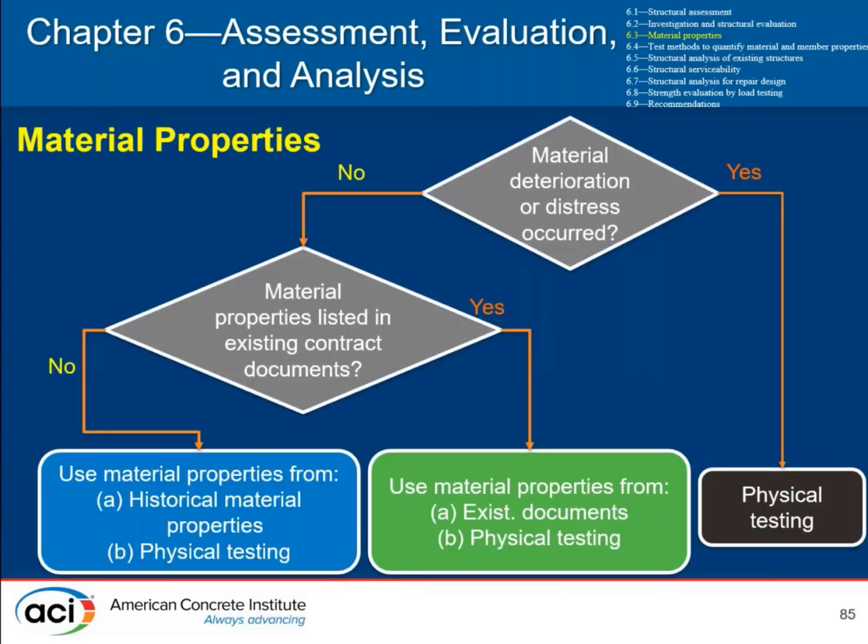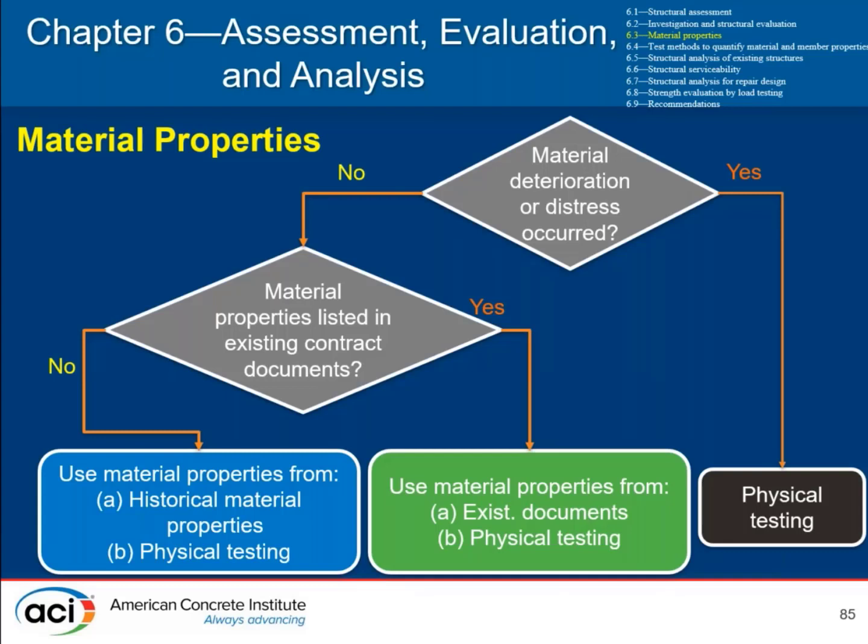The flow diagram shown here shows how material properties are selected to carry out an assessment. The first thing is to make a decision about whether material deterioration or distress has occurred. If it's present, then you're going to have to do physical testing to quantify the extent of that deterioration or distress.